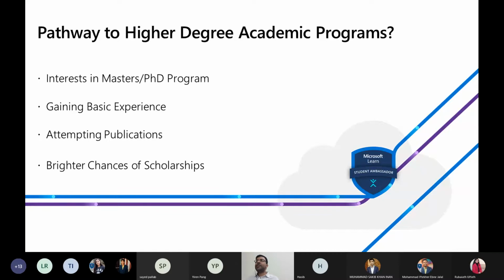Because in an undergraduate program, like I said, you are drowning in the coursework load and overwhelming pressure. So when you choose to do some thesis, you may not be able to give proper time to that thesis during the undergrad program. When you dive into the master's program, it is all about the research.